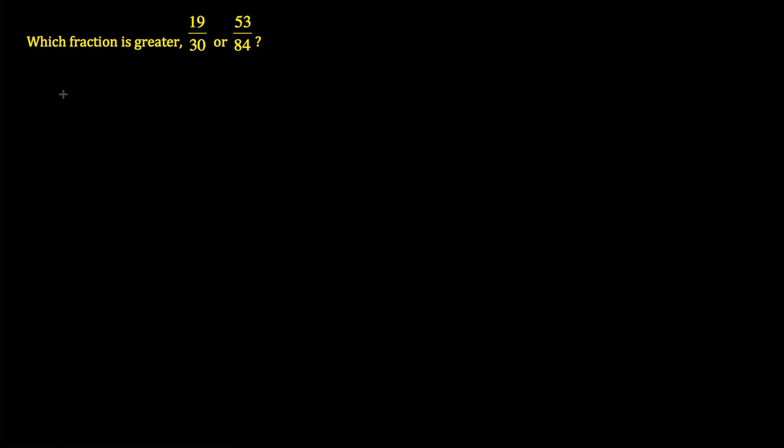So we'll start with the 19 over 30. Now the first thing I do in order to find a common denominator is I look for the lowest common multiple of 30 and 84. And from previous videos you would know that my strategy is to look at 30 and break it into its prime factors.